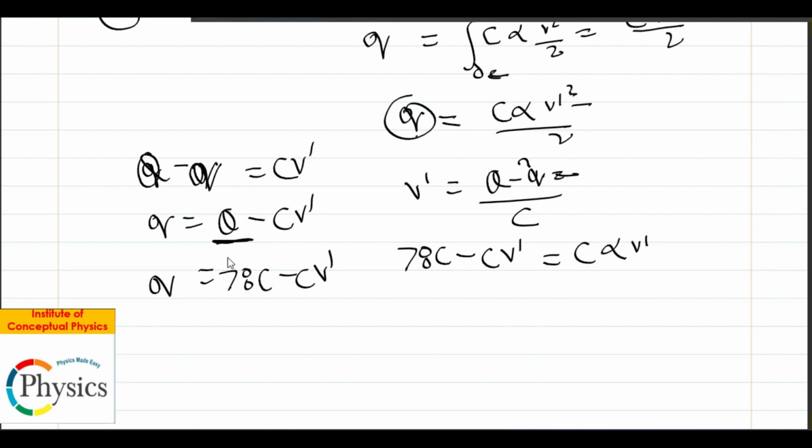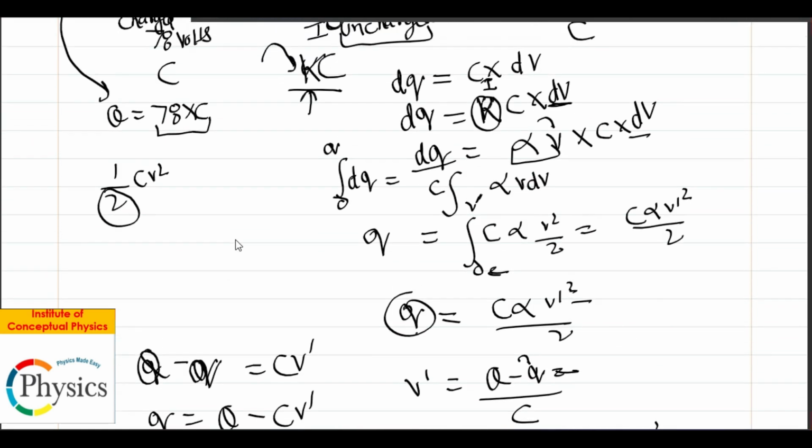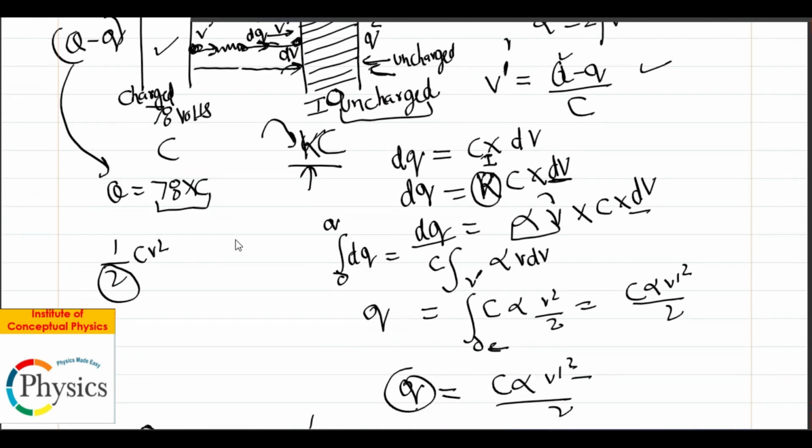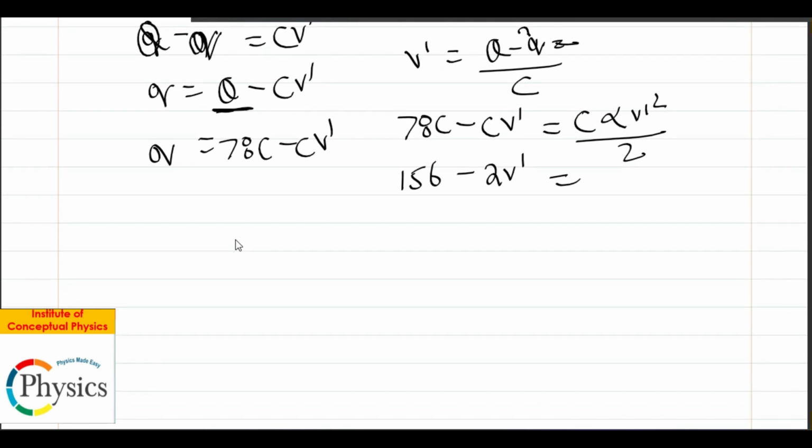C alpha V dash square by 2, and I can eliminate C from all of this. I will get an answer which is 2 7s are 14. This will become 156 minus 2V dash is equal to, C is gone, alpha is known to us. Let's use the value of alpha here, and alpha comes out to be 2 per volt, right? So I'm writing alpha as 2, V dash square, and therefore I get 2V dash square plus 2V dash minus 156 is equal to 0.